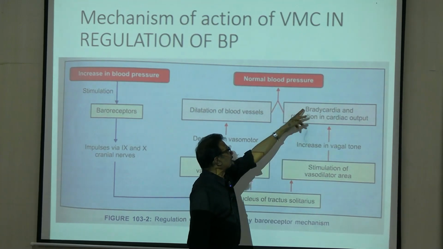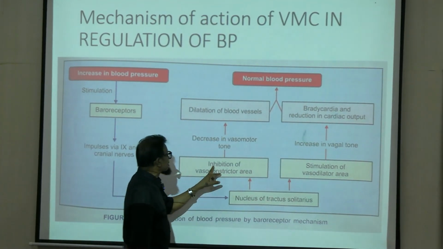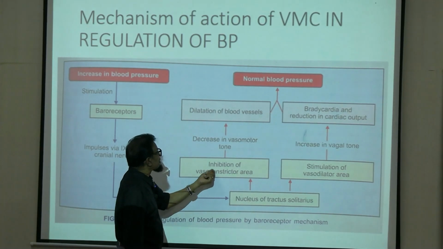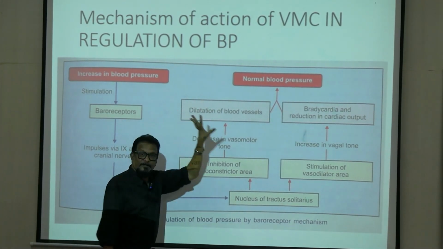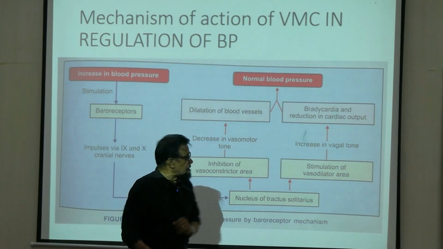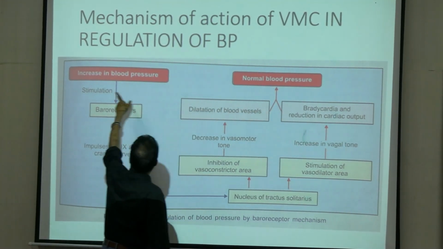So this will cause vasodilatation and bradycardia, a reduction in cardiac output, and since the vasoconstrictor area is inhibited, less discharge will be coming to the blood vessels and the heart. As a result, heart rate will decrease and blood vessels will be dilated. So the normal blood pressure will be regained.